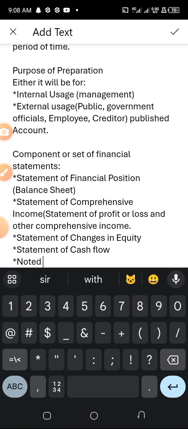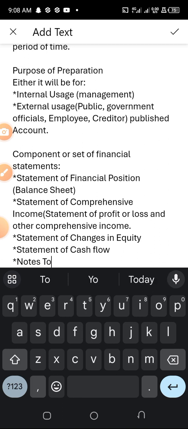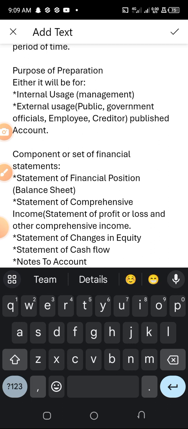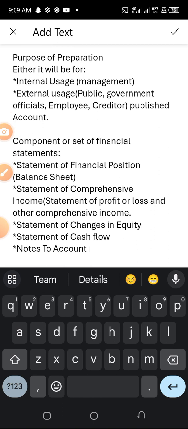So we have what we call notes to the account. This is also a statement as it were, because you are making a detailed analysis of your level of compliance with IFRS standards, that is IFRS guidelines, as well as the laws of the land that are applicable.